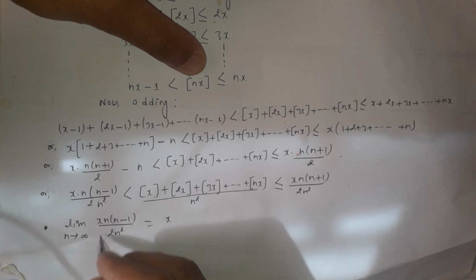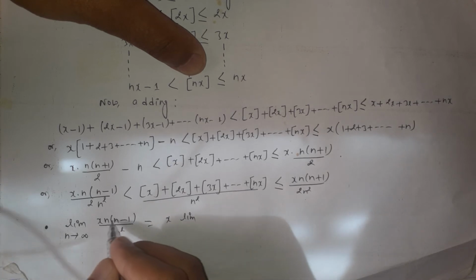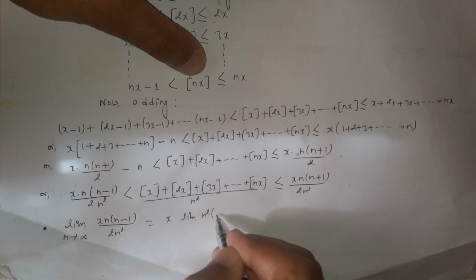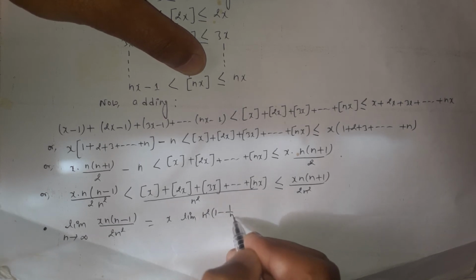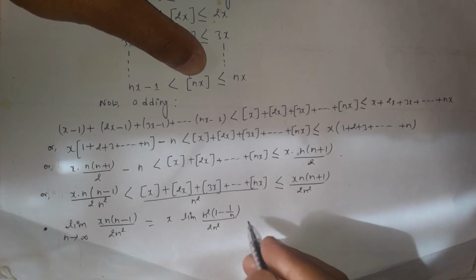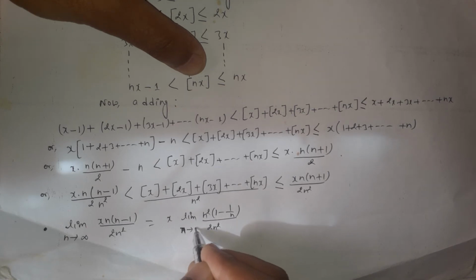The limit of this function can be written by taking n as a common factor: n square times 1 minus 1 over n, over 2n square, where the variable n approaches infinity.